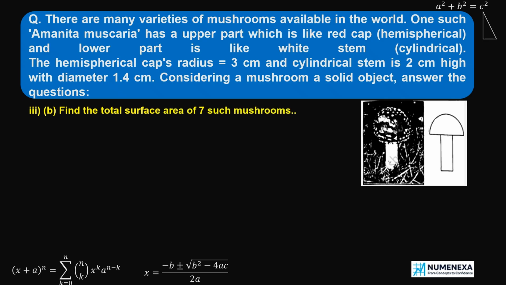The next question: find the total surface area of 7 such mushrooms. Now the question is what I mean by this word total surface area. Naturally, we need to find first the total surface area of one mushroom, and then we can determine the total surface area of 7 such mushrooms.